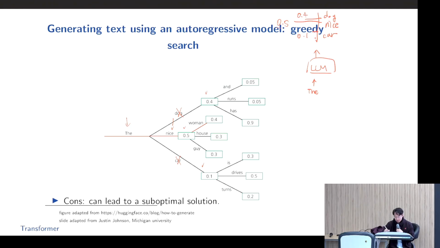This guy is most probable, so it gets sampled and enters here. And this guy generates the probability distribution for the next token. Here we have woman, house, guy. And this one has highest probability, gets selected, and so on. That's greedy decoding, right?